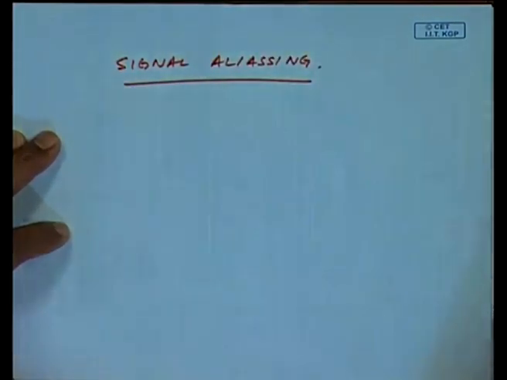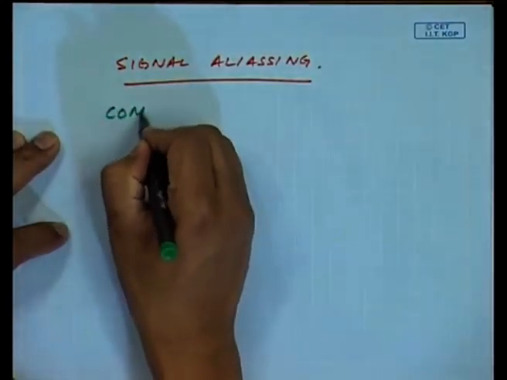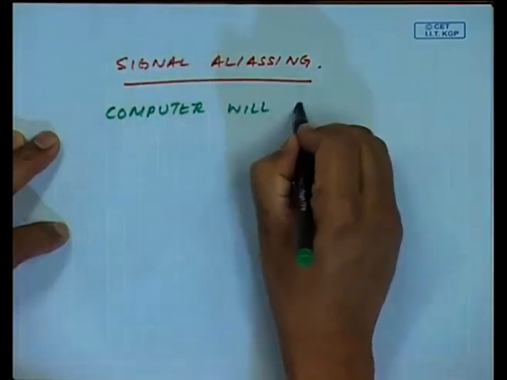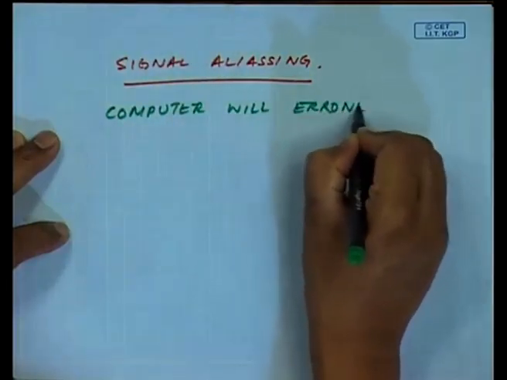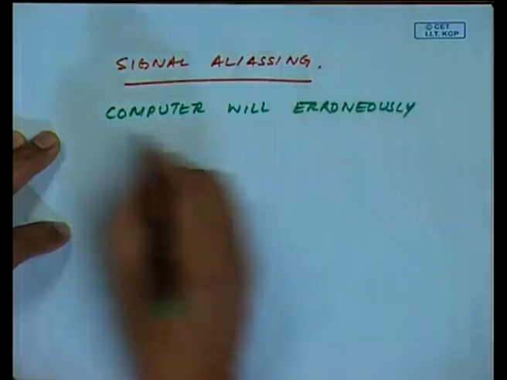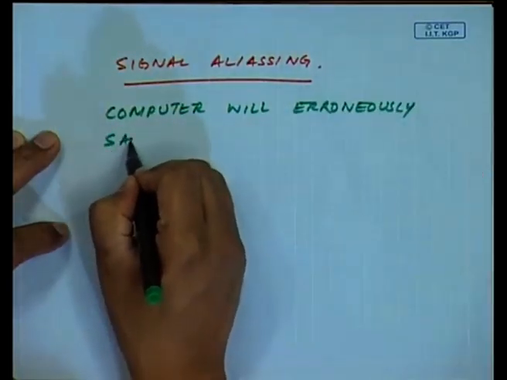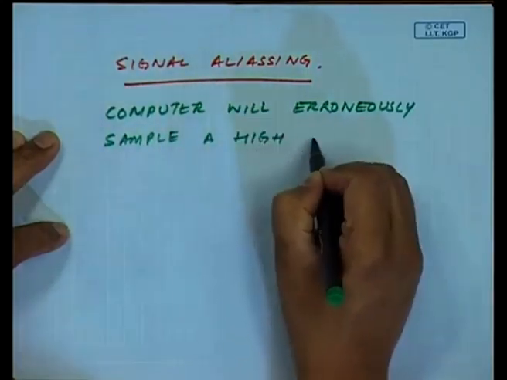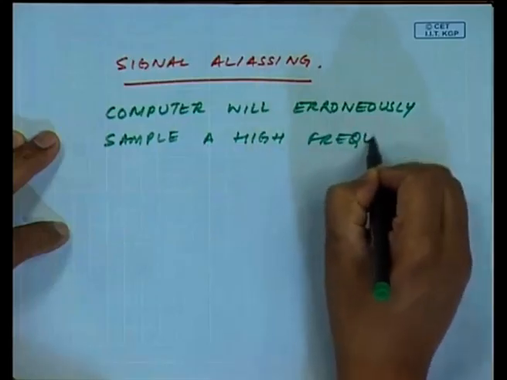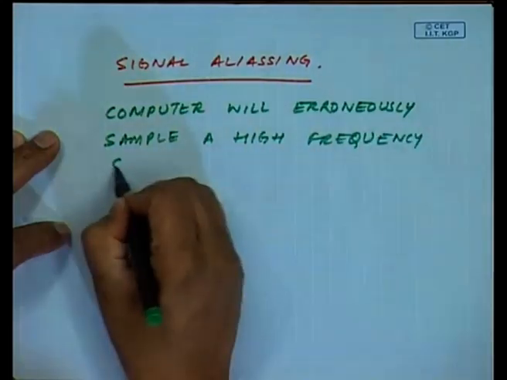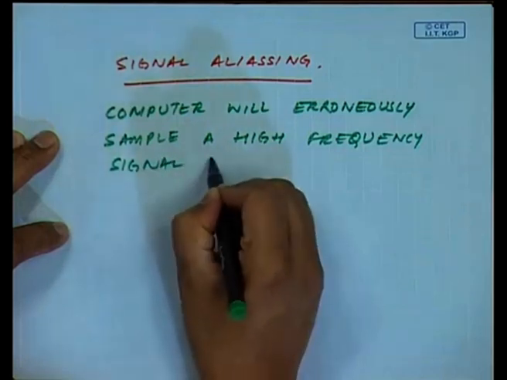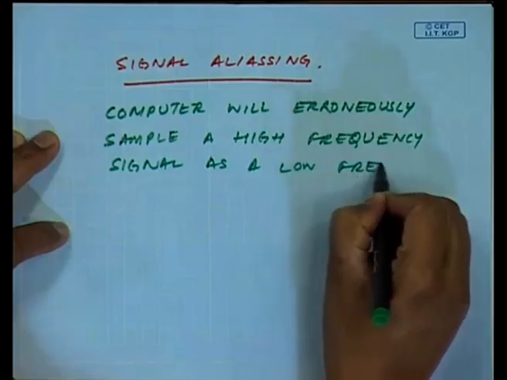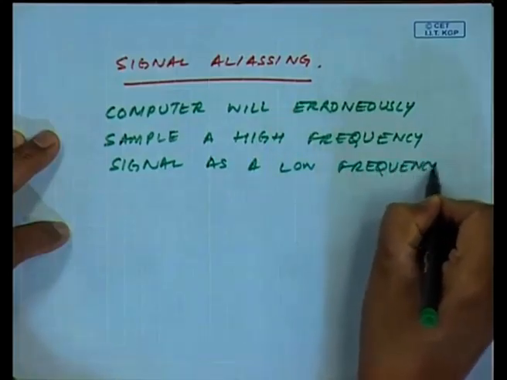In signal aliasing, the computer will erroneously sample a high frequency signal as a low frequency signal.